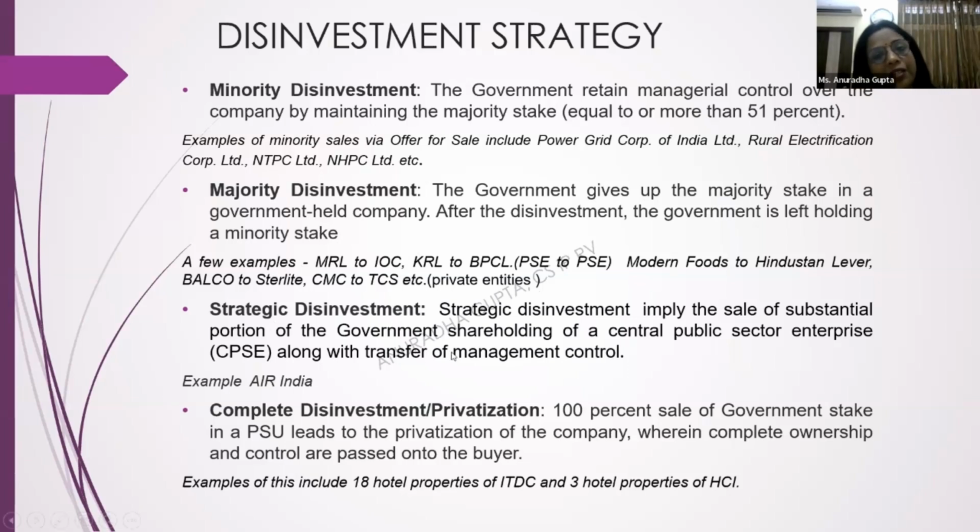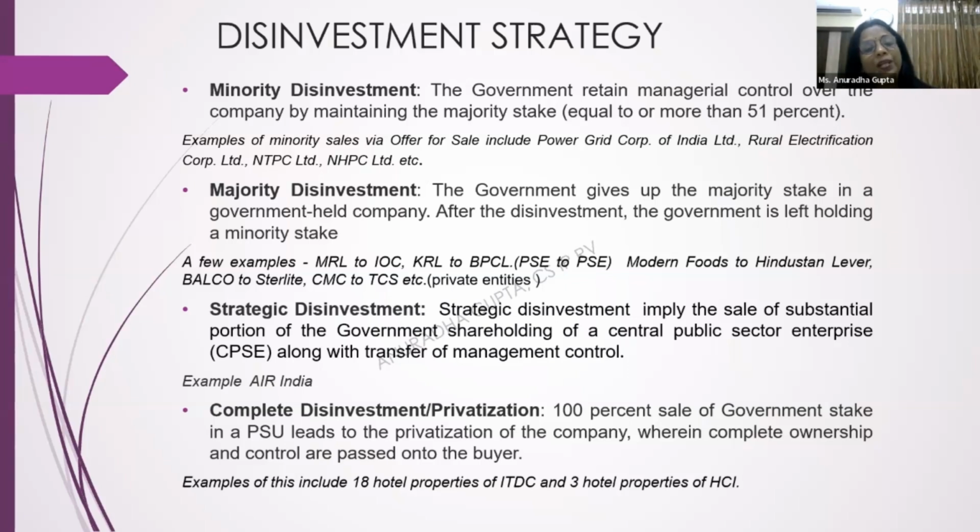Next comes the strategic disinvestment. As of date, most of the companies are being disinvested in strategic mode, where along with the stake that is being offered, the management control is also being transferred. Right? In other modes, only the stake is offered, but the government keeps the management with itself.